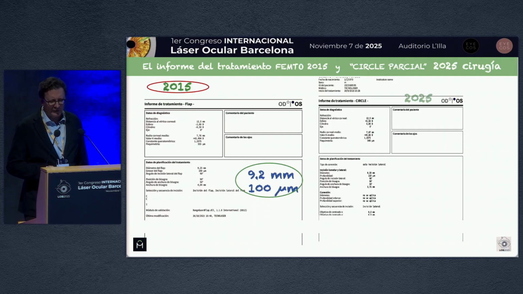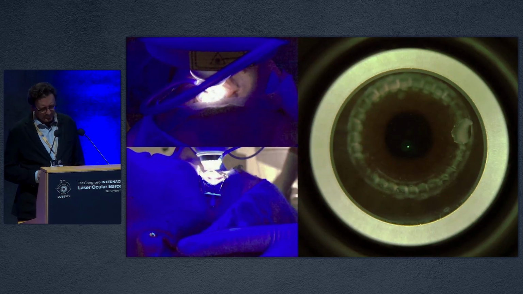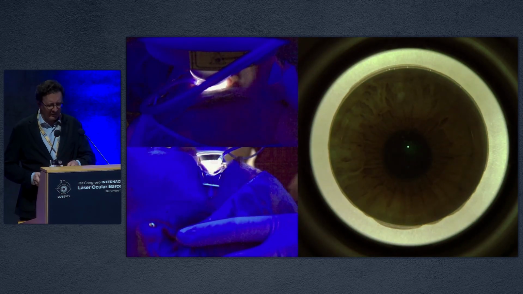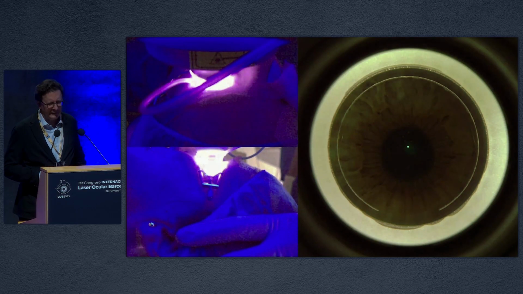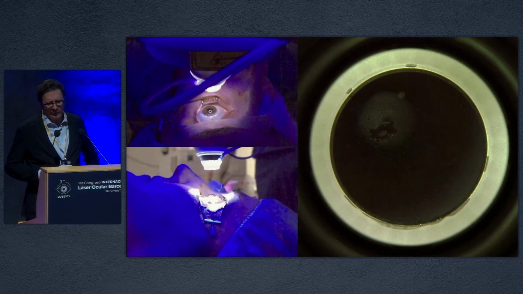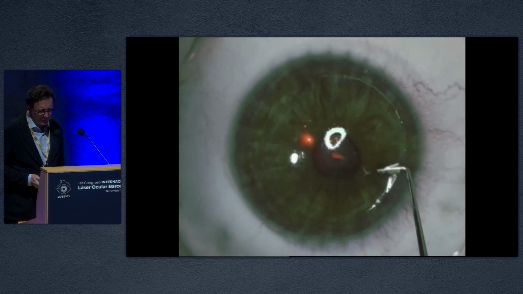Rather than raising the flap, we did a circle only of the first part, not to lift the flap, to avoid epithelialization. A bit more internal vis-a-vis the anterior. It was just one diopter, so I had room. With more diopters, probably I would have needed more optical zone.